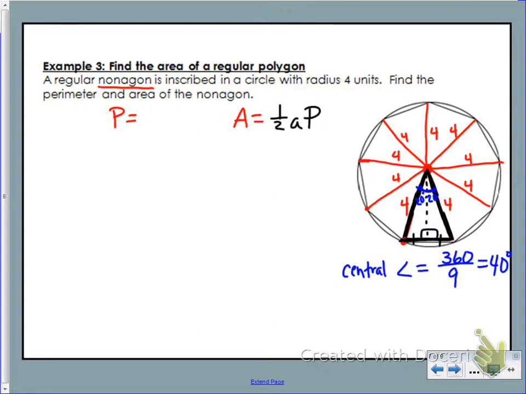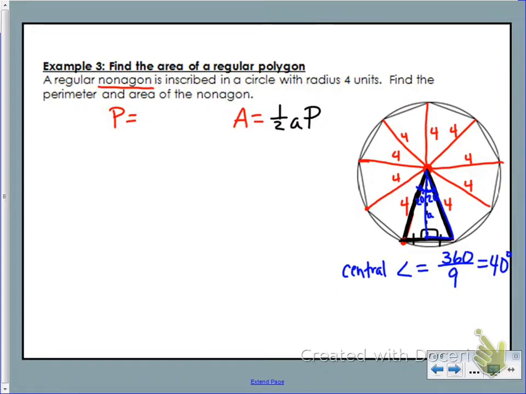Now we look at this, since it's a right triangle, we can use trig to find the apothem. We can't use Pythagorean theorem here because we don't have enough of the side lengths. We only have one side length. So I'm going to focus on this triangle here on the right. Doesn't matter, they're both the same. I have to reference the acute angle, so 20 degrees.